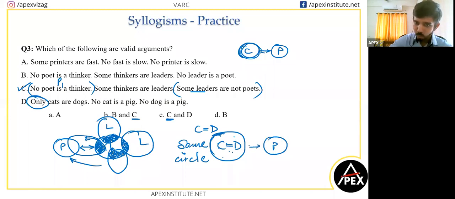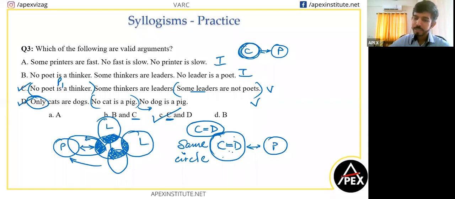If cats cannot overlap with pig, then dog also cannot overlap with pig because only cats are dogs. There are no other animals who are dogs and no other animals who are cats. So if no cat is a pig, then no dog is a pig. So D is also okay. Your answer was C. C and D were valid statements and A and B were invalid.